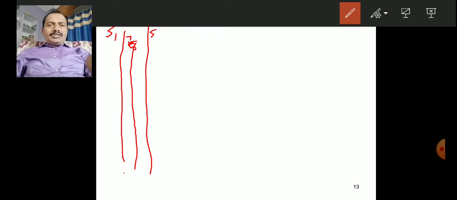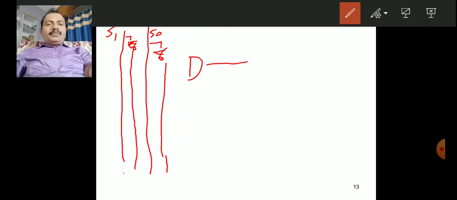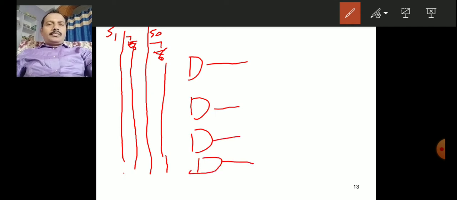This is the S0 line, and S0 bar line. And AND gates, we have to take 4 AND gates. Four AND gates we have taken. And first you have to draw D0. This is the D0. For the D0 you have to connect S1 bar, S0 bar.